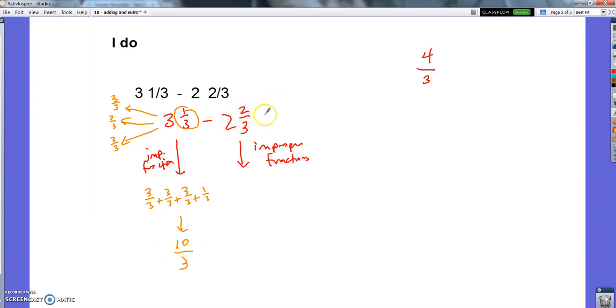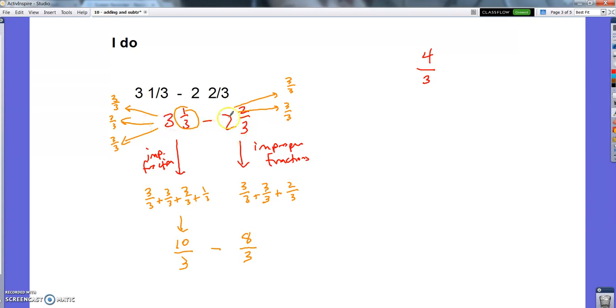And I can do that with this one too, right? This only has 2 in the whole. So 3/3 1, 3/3 2, plus the other 2/3. So that's like 3/3 plus 3/3. There's my 2 plus the 2/3. So that's 3, 6, 8/3. And so now that's kind of easy to do.